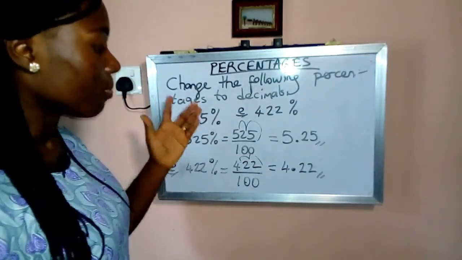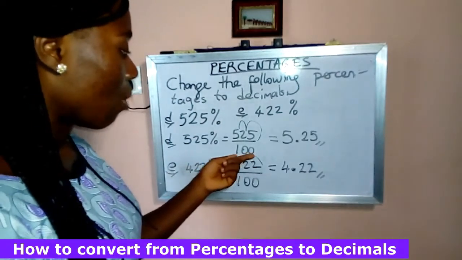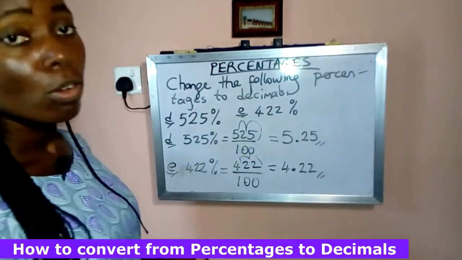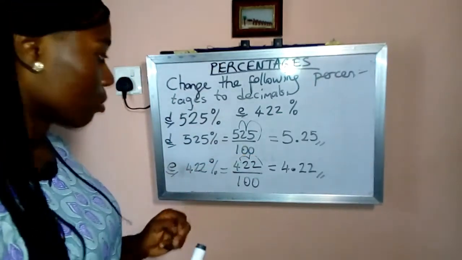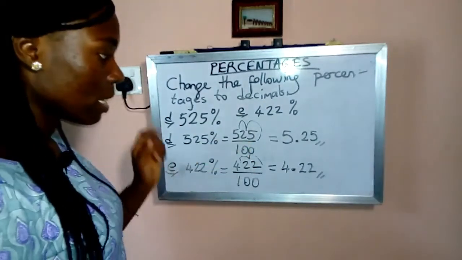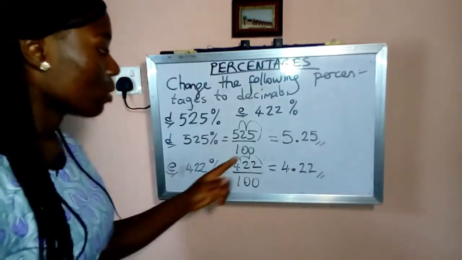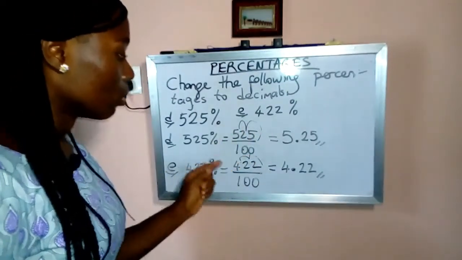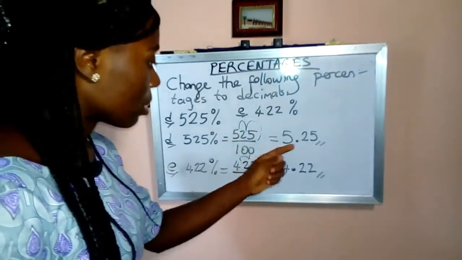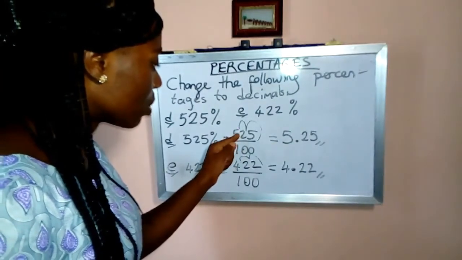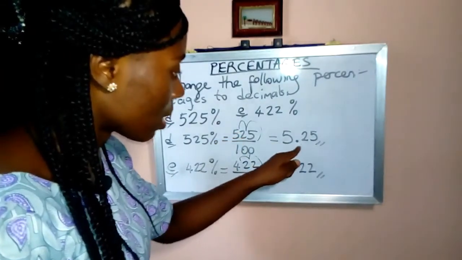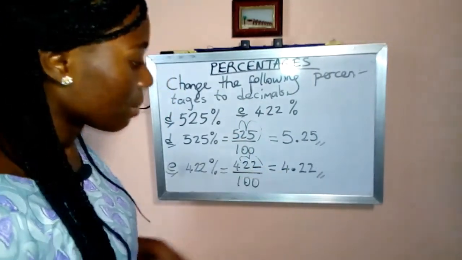The next thing you do is simply count how many zeros are underneath. In 100 we just have 2 zeros, so we move 2 places to the left, 1, 2. That's how I got the point between 5 and 2, giving 5.25 as my answer.